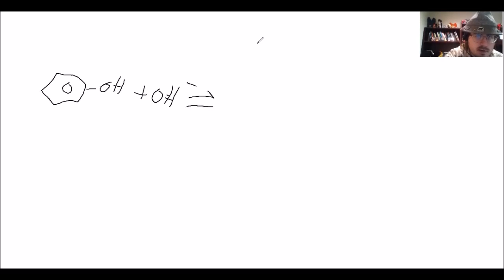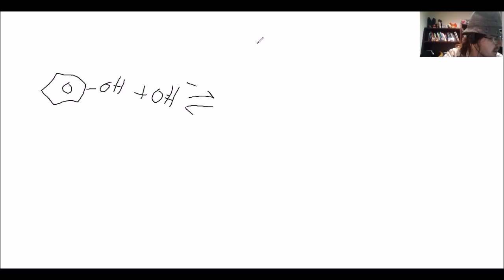So now, phenols are actually way easier to acidify. They're naturally acidic, and that's because they become resonance stabilized. Like if you just put this with hydroxide, they will naturally break down.